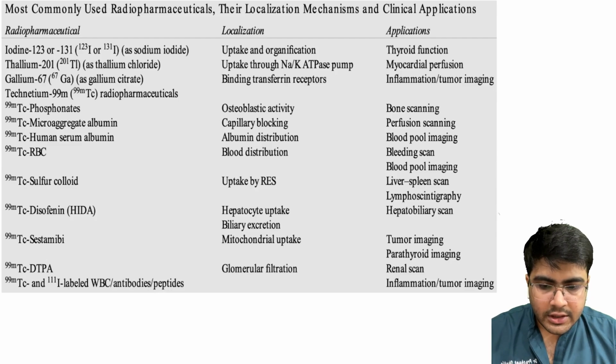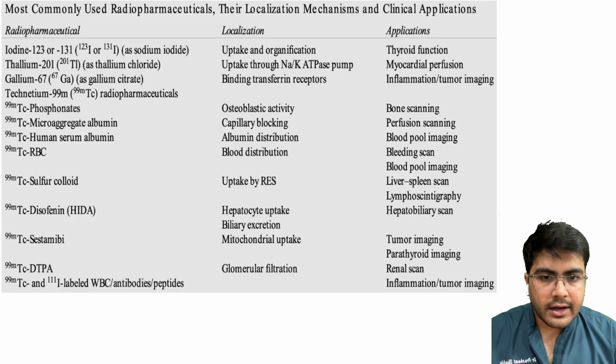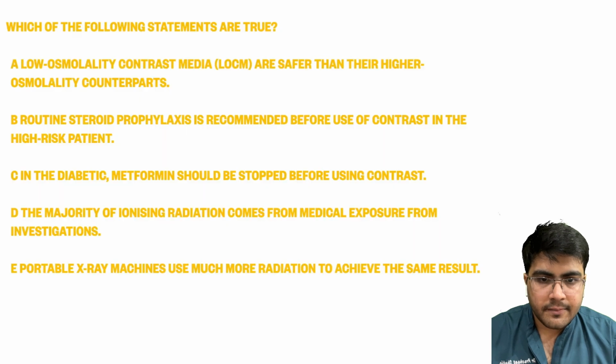Then technetium disofenin, also known as HIDA, detects hepatocyte uptake and biliary excretion, and is used in hepatobiliary scan. Then we have technetium sestamibi, which localizes by mitochondrial uptake and is used for parathyroid imaging. Then technetium DTPA assesses glomerular filtration and is used for renal scan. So these are the radiopharmaceuticals, their localization mechanism and clinical application.